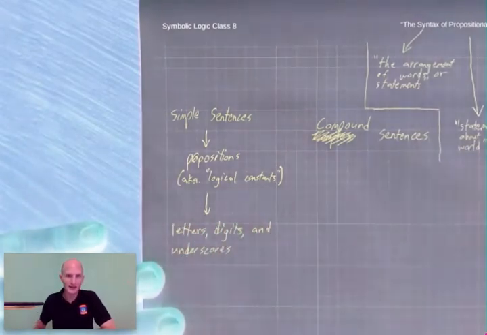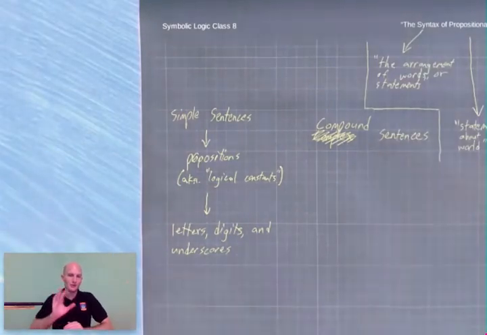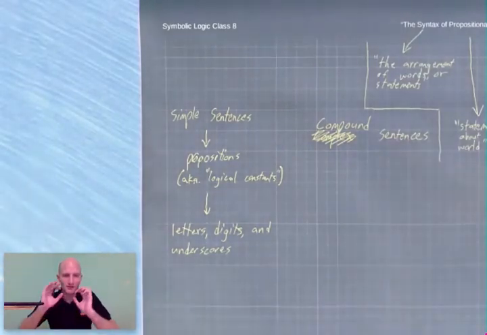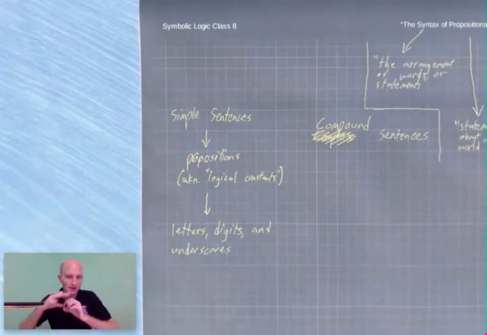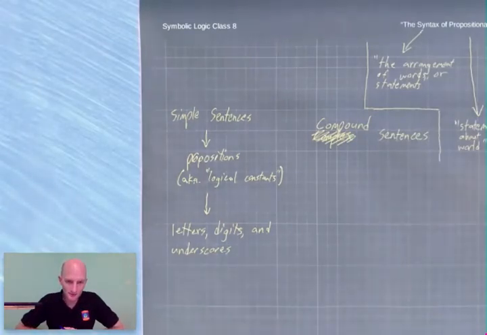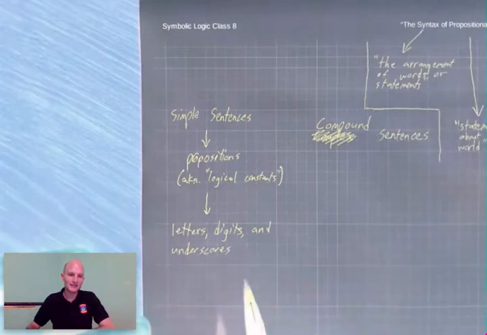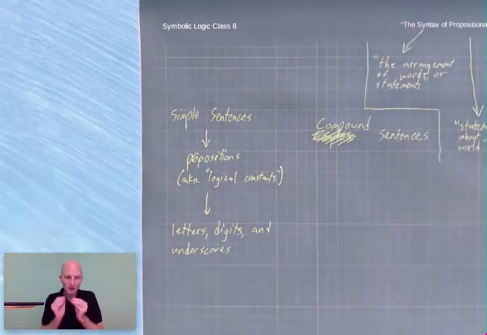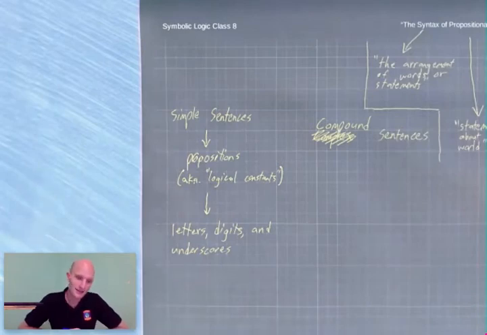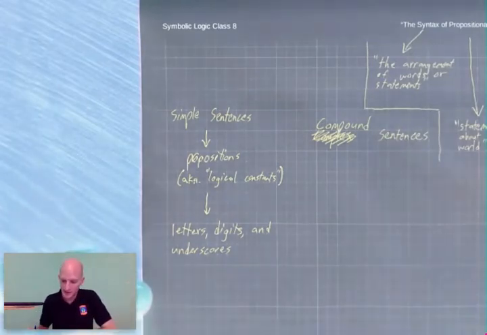Those three concepts are like the building blocks of simple sentences. Notice I did not say numbers. I said digits on purpose, because a digit is specifically 0, 1, 2, 3, 4, 5, 6, 7, 8, or 9. 10 is not a digit. That's a number. So our simple sentences will be composed of digits, letters, and underscores.